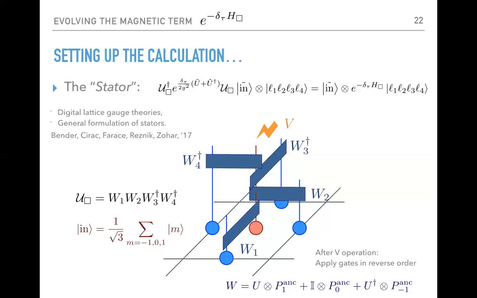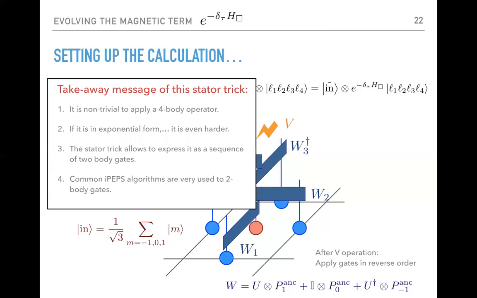In the next slide, if people are interested in knowing exactly how this works, I can show them. But the takeaway message of this trick is that it's non-trivial to apply this four-body operator at once, and if it's an exponential form, it's even harder. So this trick allows you to express this four-body operator as a sequence of two-body operators.